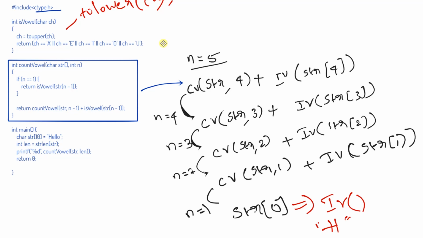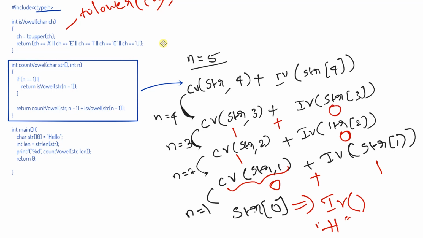So value of this particular function call is 0 plus we are checking str of 1, that is E. When we are passing it there, E is a vowel, so 1 will be added. Now 0 plus 1 will be the value of this function call, that is 1, and we are checking for str of 2. L is not a vowel, so 1 plus 0 will be passed here, that is 1 again, and str of 3 is again L, so it is not a vowel.